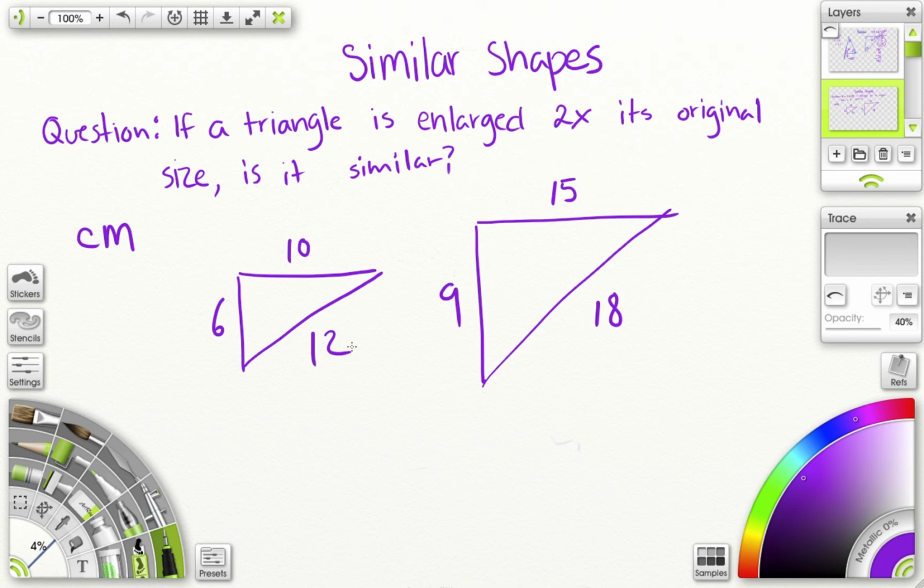Right off the bat, let's try adding. 6 to get to 9 is plus 3. 10 to get to 15 is plus 5. And 12 to get to 18 is plus 6.